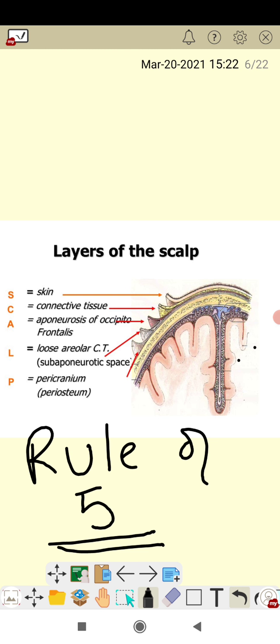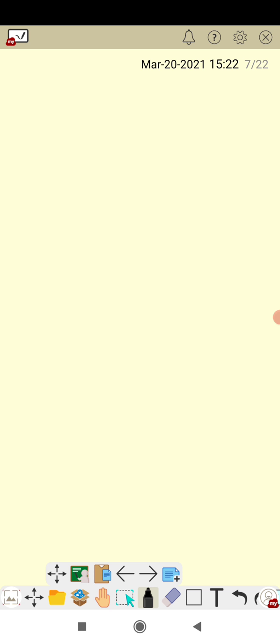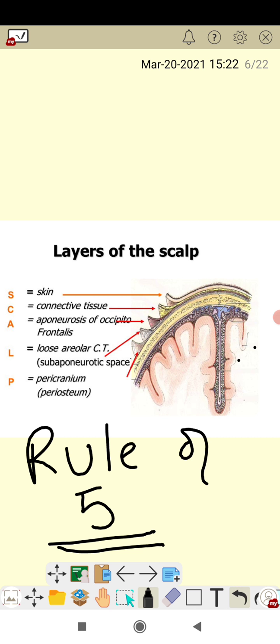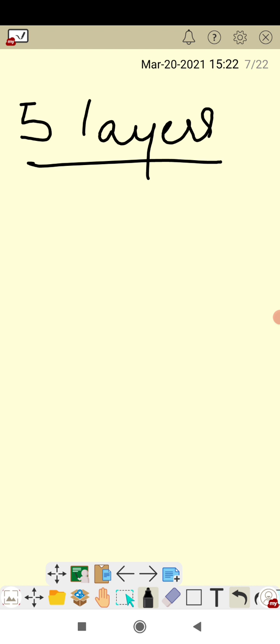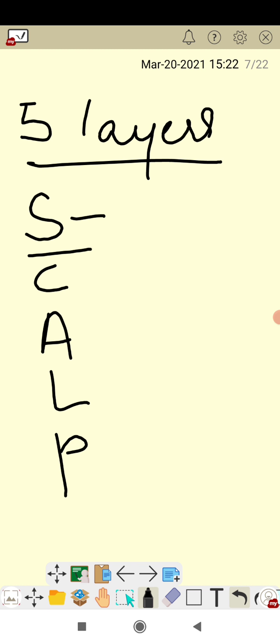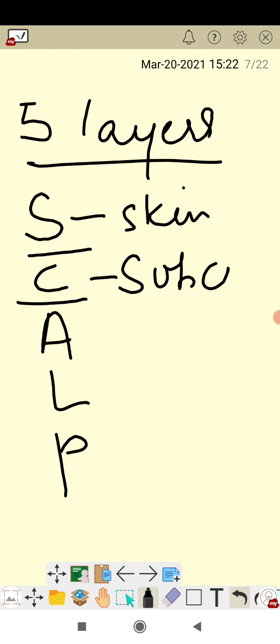Next, here comes a question on layers of scalp. How many layers we have in scalp? 5 layers. SCALP. S stands for skin. C for subcutaneous tissue below the skin.